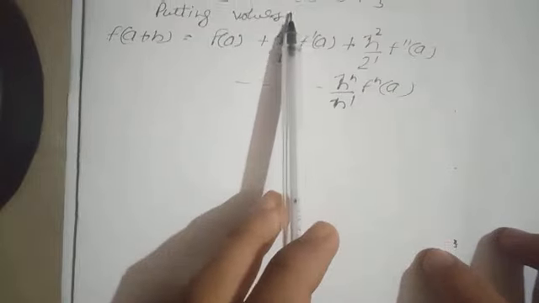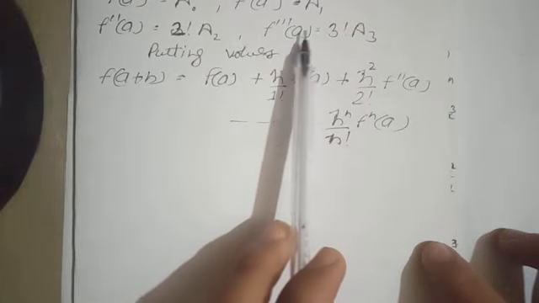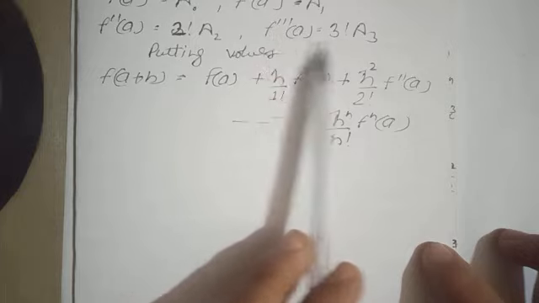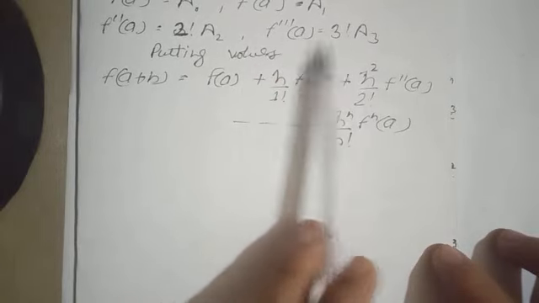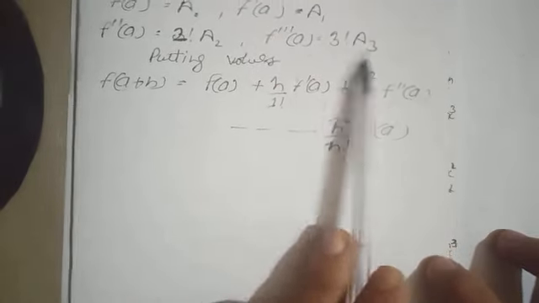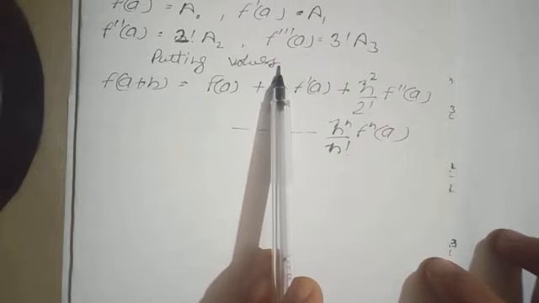The value of a3 is f triple dash a upon 3 factorial.